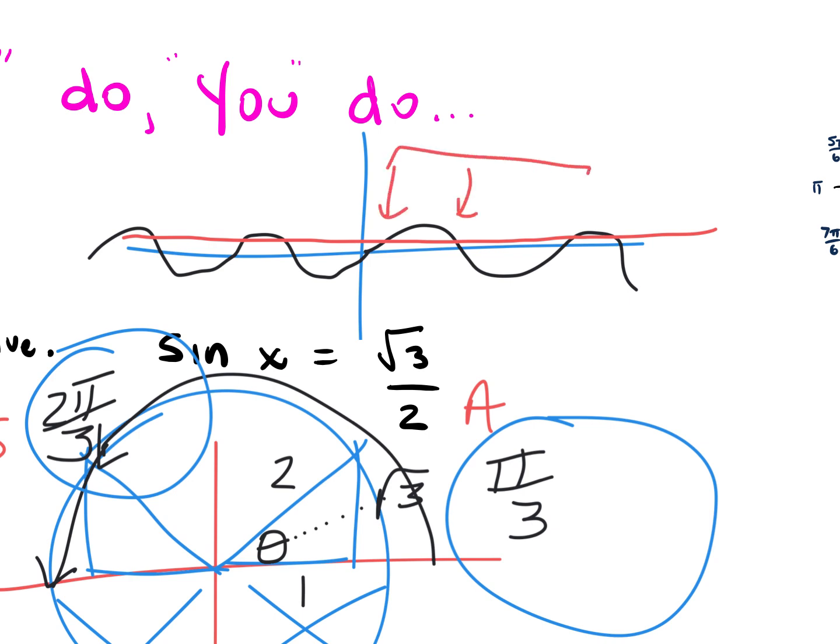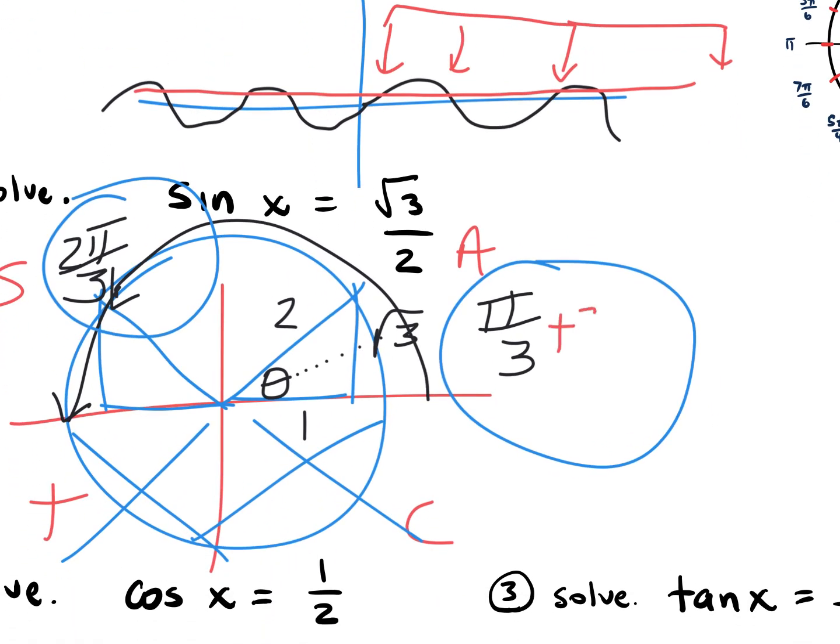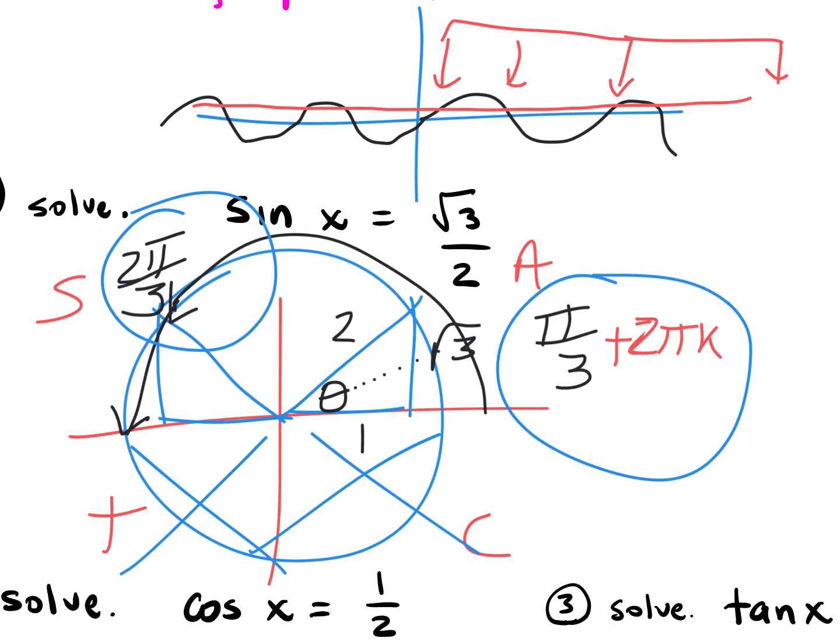And if you add 2 pi to it, you'd get another one. And if you went over there, you'd find another one. So you can keep adding 2 pi, any number, which is k, times. So 2 pi k, and this one plus 2 pi k, because it did not say to only give two answers, or only the answers that are less than 2 pi. It didn't say that.